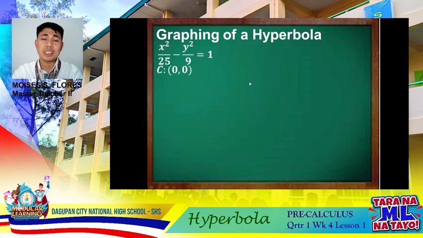And then what else? Our major axis is along the x-axis, or it is said to be a horizontal transverse axis. So therefore, our major axis, or a squared, is 25. Extract it, we have positive or negative 5 units, meaning from the center to your vertex.